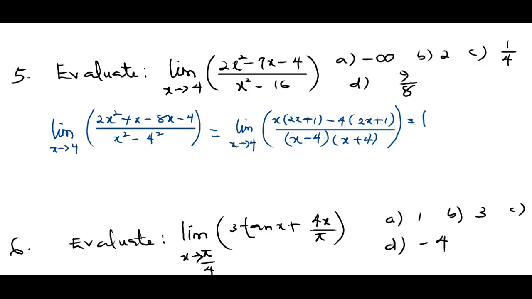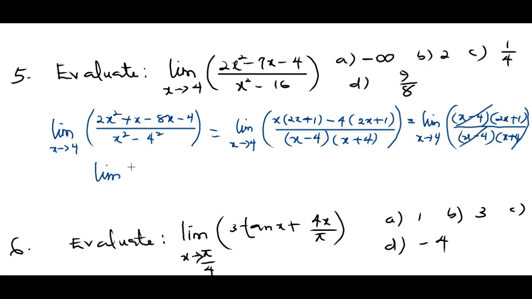So here we have the limit of x minus 4 into 2x plus 1, all over x minus 4 into x plus 4 as x tends to 4. So x minus 4 and x minus 4 we strike out.